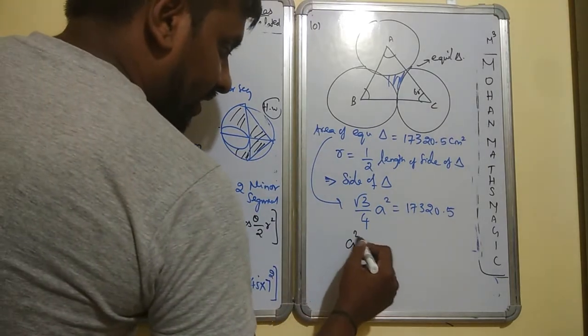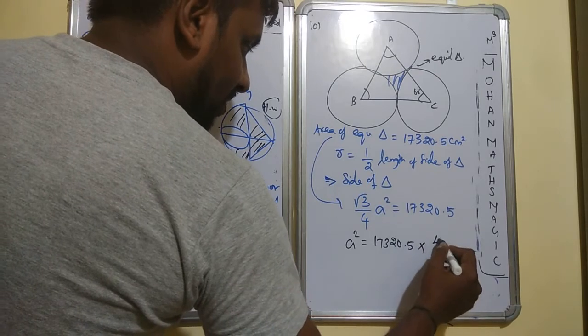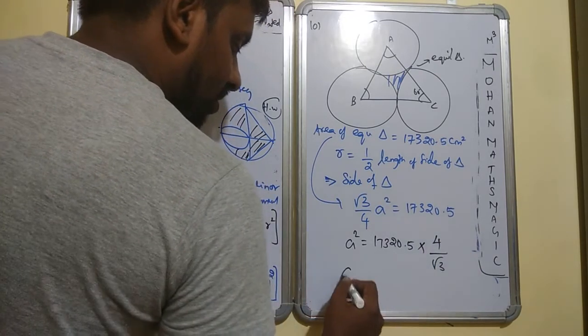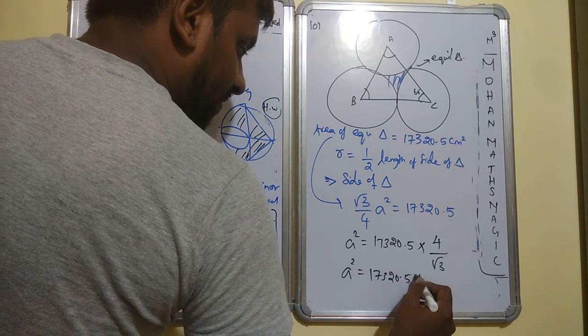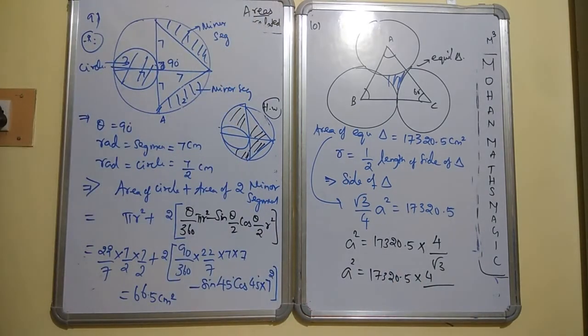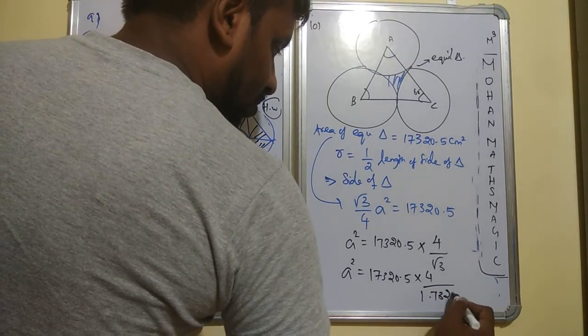Okay. So now a square equals 17320.5 times the reciprocal, 4 by root 3. So a square equals 17320.5 into 4 upon root 3 value, 1.73205.